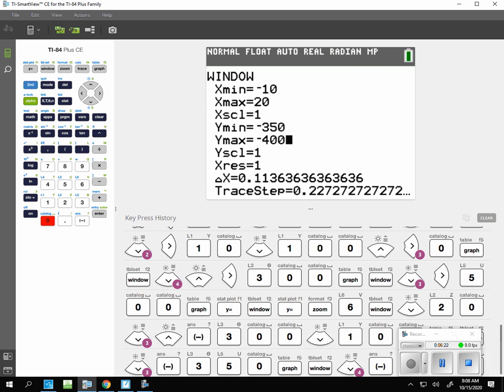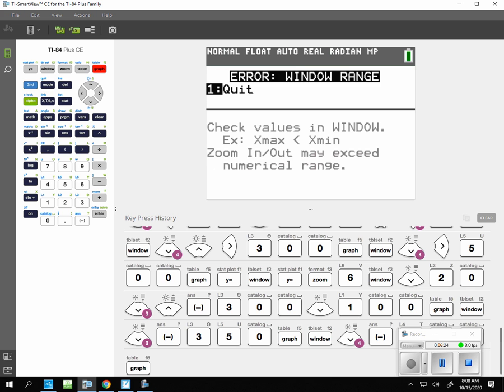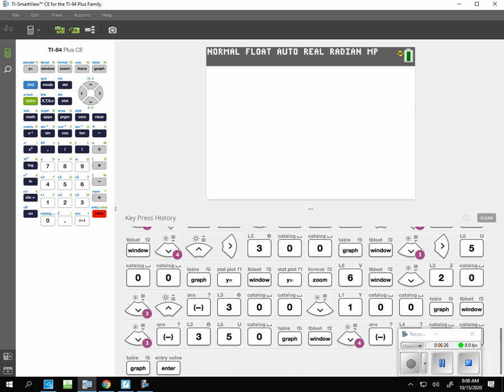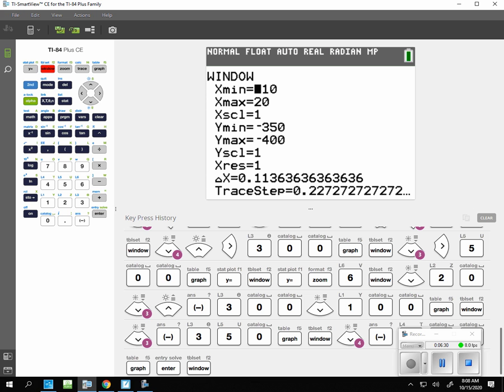Oops, I accidentally changed my max instead of my min. So let's change that back to 100, and let's change my min to negative 400.